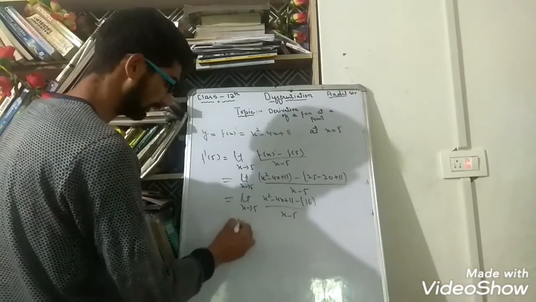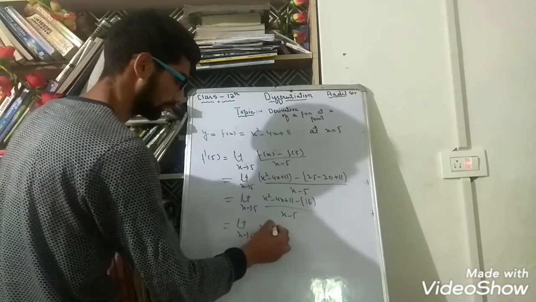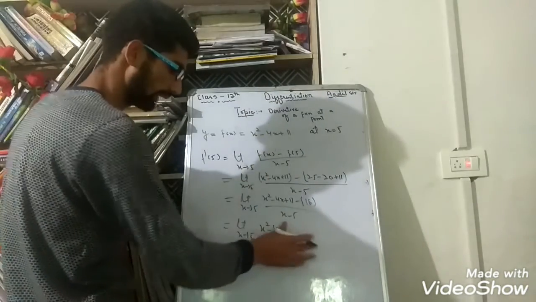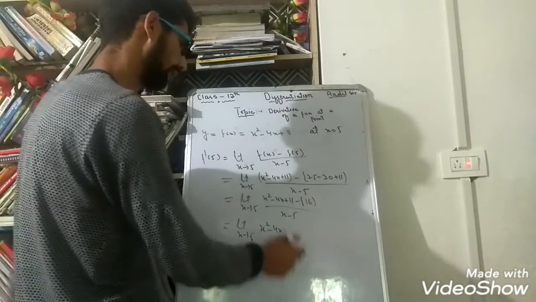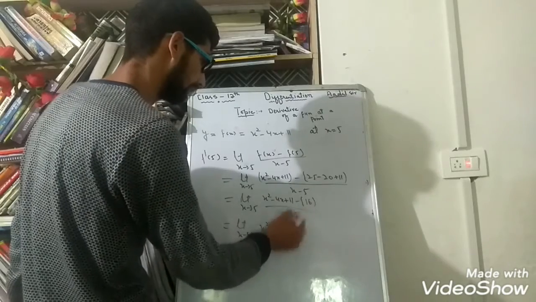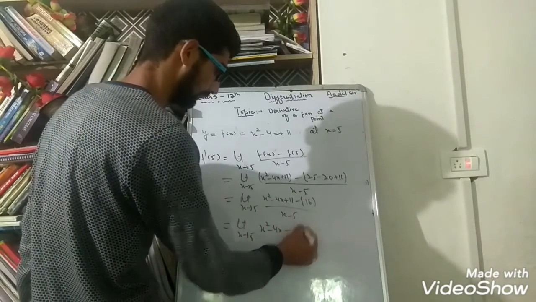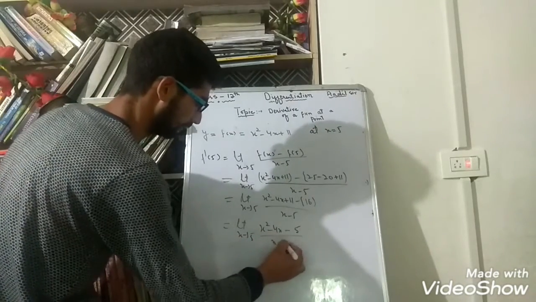So it will be limit x tends to 5 of x square minus 4x plus 11 minus 16, that is x square minus 4x minus 5, divided by x minus 5.